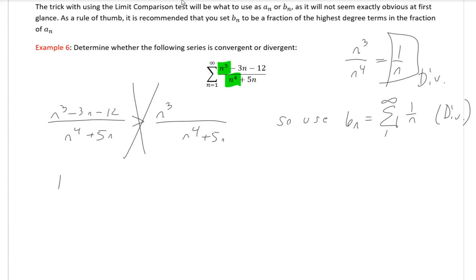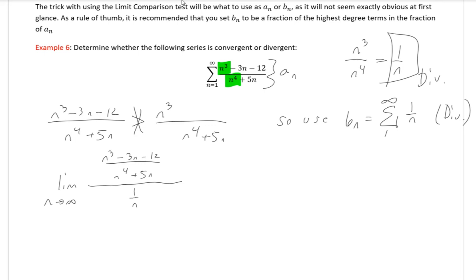So what we're going to do is find the limit as n approaches infinity of a sub n, which is what we have here, n cubed minus 3n minus 12 over n to the fourth plus 5n, over b sub n, which we have is 1 over n. So I have here a sub n over b sub n.